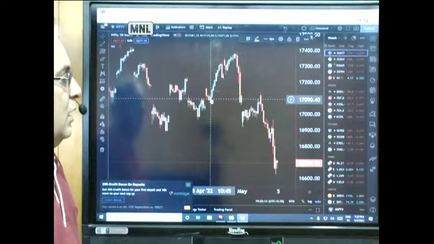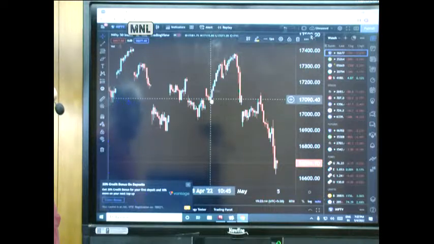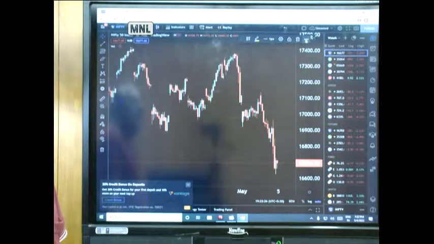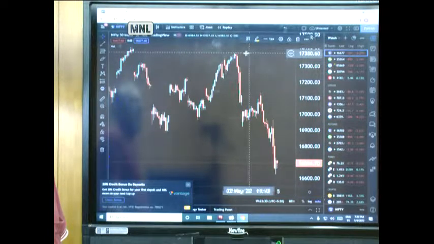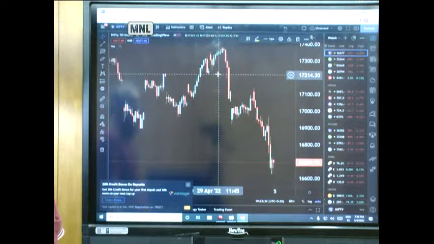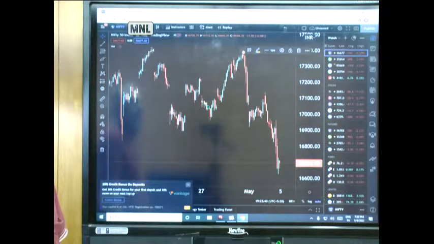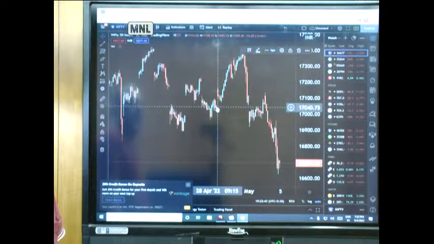Then after that, we told you that don't keep more than the volatility range. So the previous day close was 17,030 or so, right? So this particular day, the previous day close was 17,037.